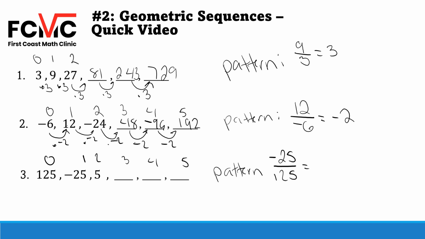We can factor this out. So we'll factor out maybe like a negative 1 times 25 and 5 times 25. Right? So the 25 and 25 cancel out.